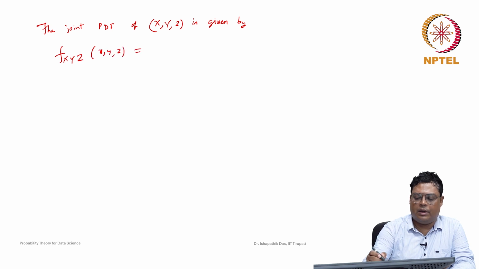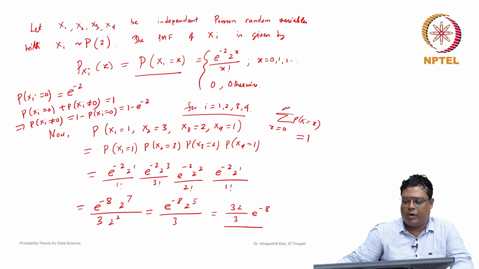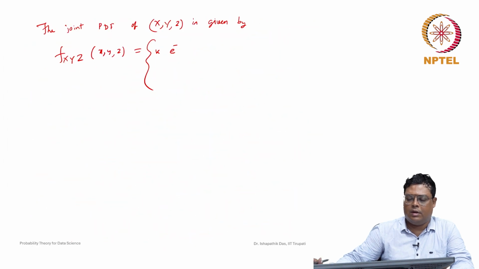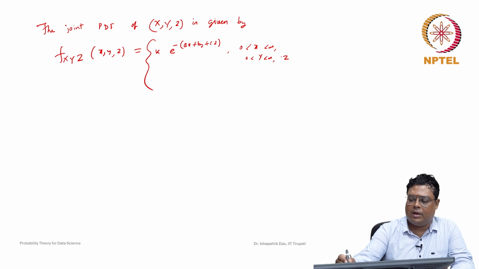The joint probability density function of x, y, z is given by f of x, y, z equal to some constant times e to the power of minus (ax plus by plus cz), whenever x is greater than 0 and less than infinity, y is greater than 0 and less than infinity, z is greater than 0 and less than infinity, and 0 otherwise.